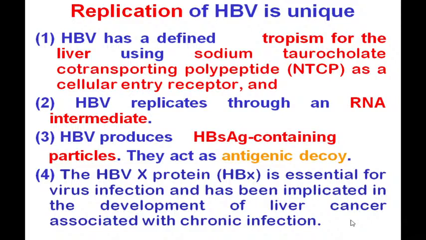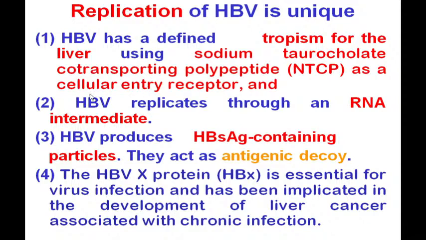Not so long ago, the specific receptor to which this virus binds was found. It is called sodium taurocholate co-transporting polypeptide, NTCP. It is the major cellular receptor, and because it is unique for hepatocytes, the virus multiplies in hepatocytes only.